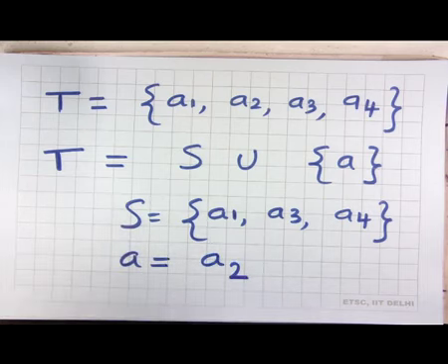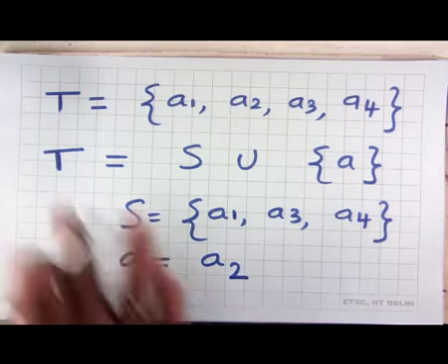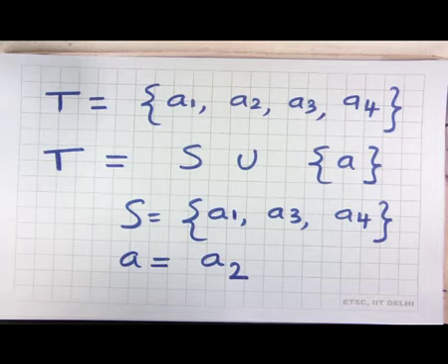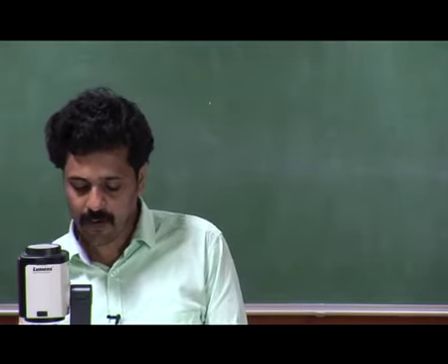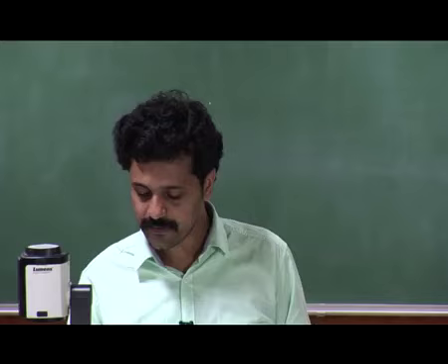Now, what was my claim? If you want to list every subset of T, then it is enough to list every subset of S, and then along with this subset augment A2. Let us see that. Now, what are all the possible subsets of T?